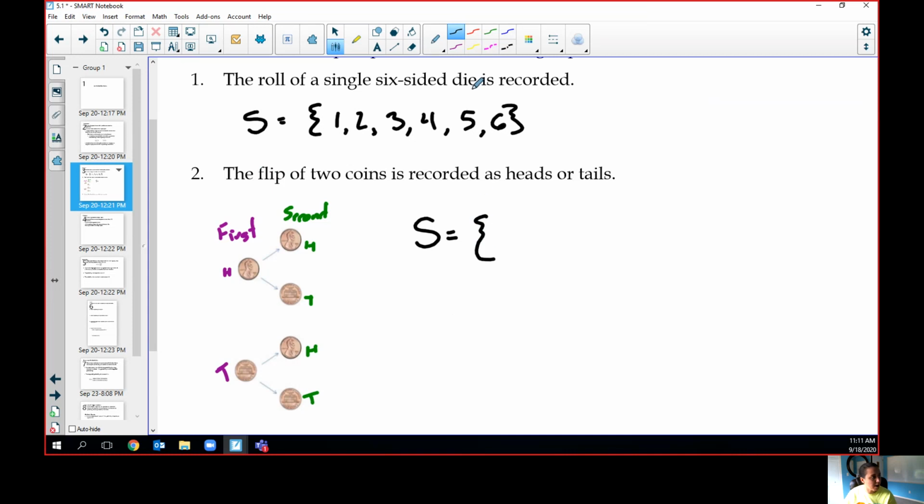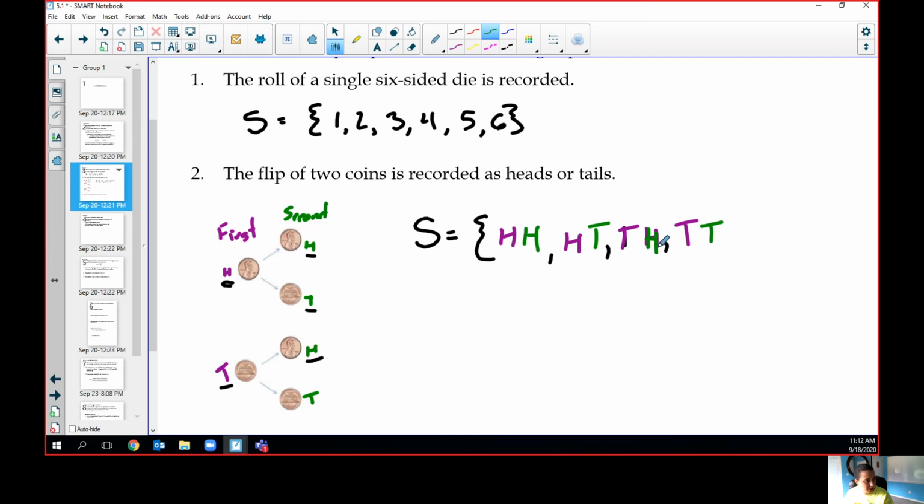Our first outcome, we could have a heads and then a heads. We could also have a heads and then a tails. We could have a tails and then a heads. Or our last outcome would be a tails and then a tails.